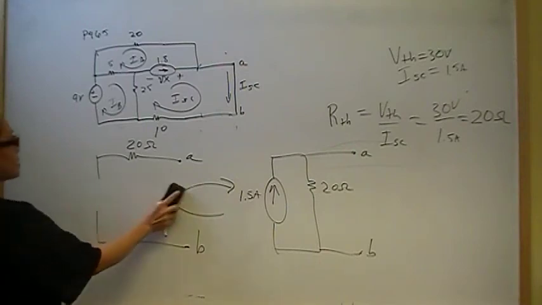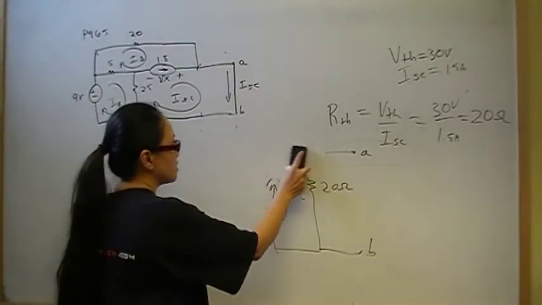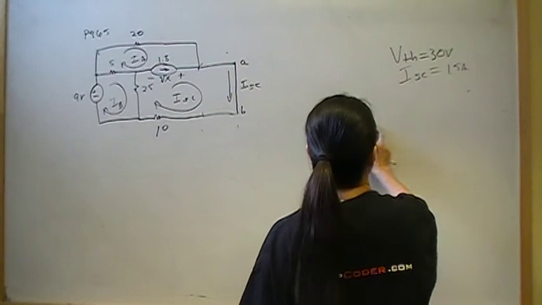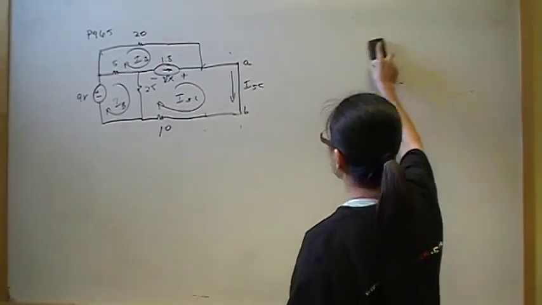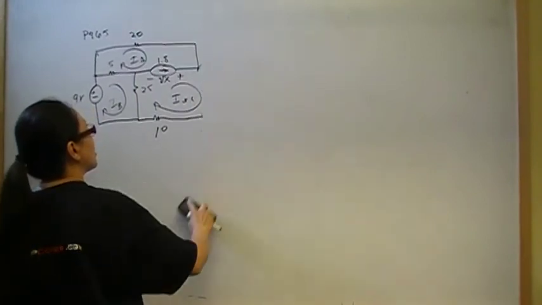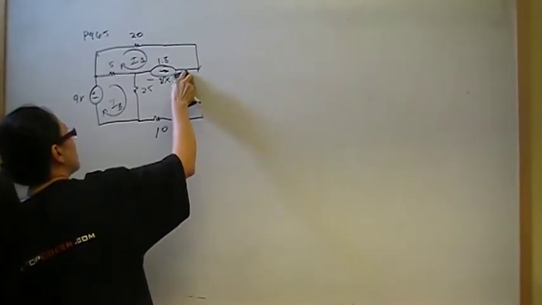Now part B says to find the Thevenin resistance the alternative way, without V Thevenin or I short circuit. And to do that, we restore the circuit. So let's restore the circuit.